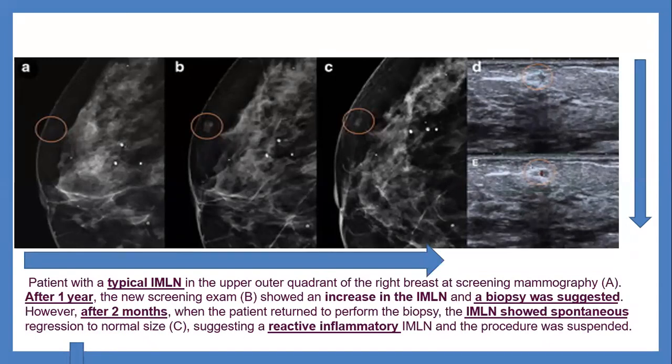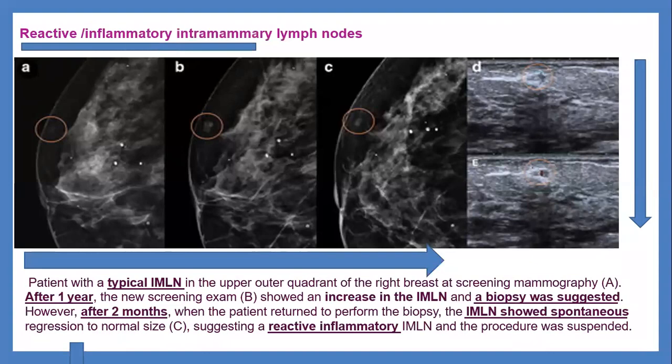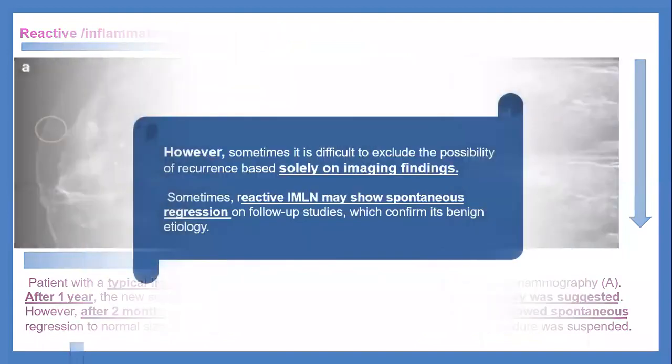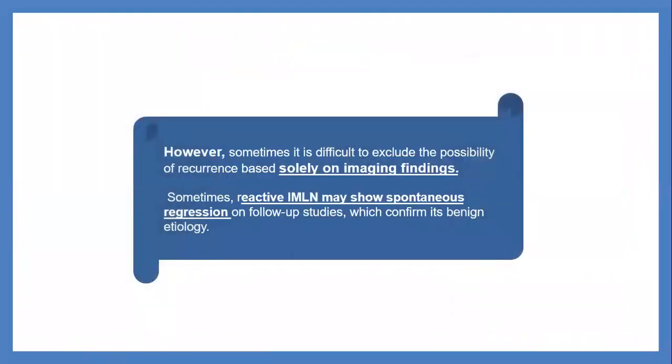So the biopsy procedure was suspended. So it was just a reactive inflammatory intramammary lymph node. However, sometimes it's difficult to exclude the possibility of recurrence based solely on imaging findings. Sometimes a reactive intramammary lymph node may show spontaneous regression on follow-up studies, which confirms its benign etiology.